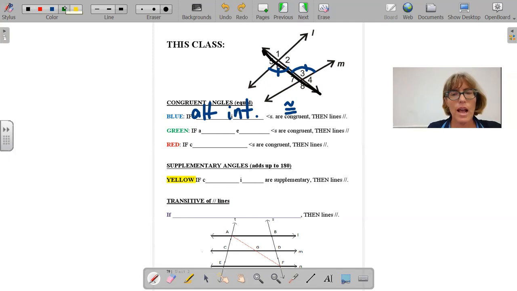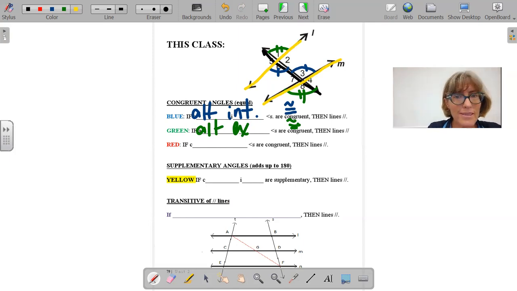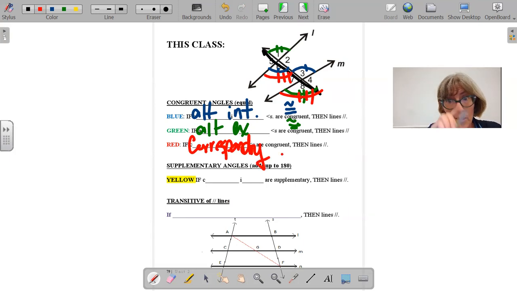If I notice alternate exterior angles are congruent, then it would force these lines to be parallel. If I notice corresponding angles being congruent, then the lines would be forced to be parallel.